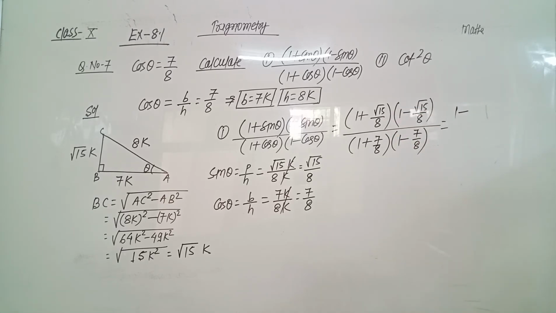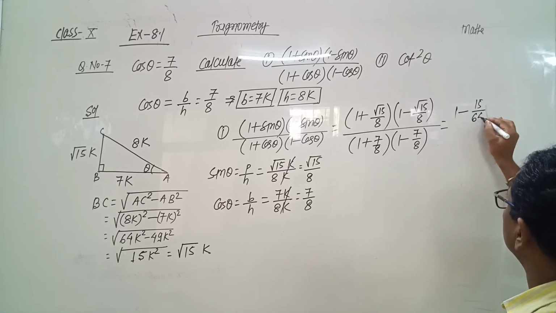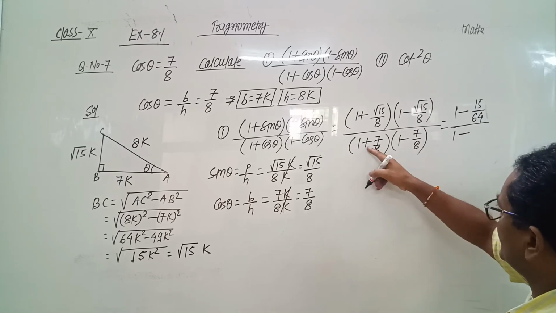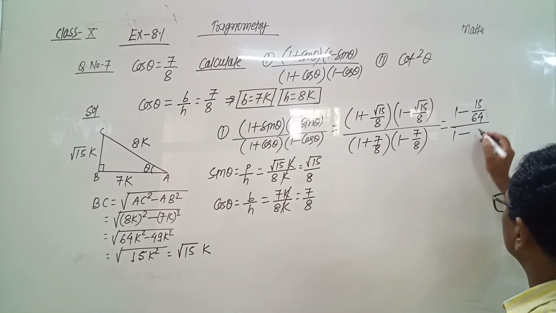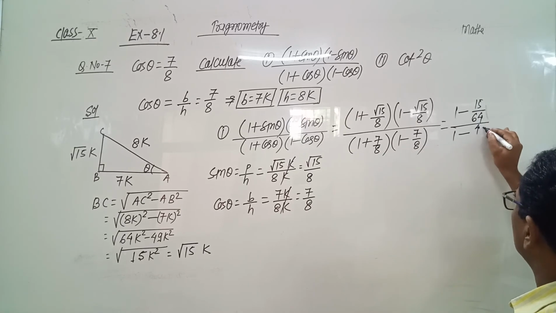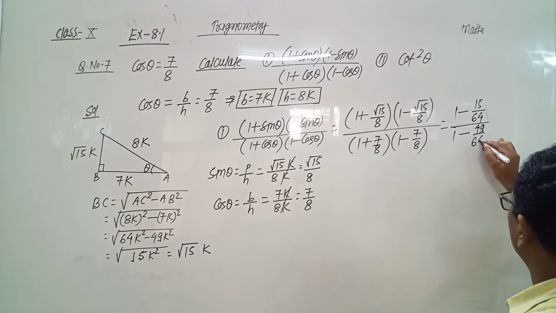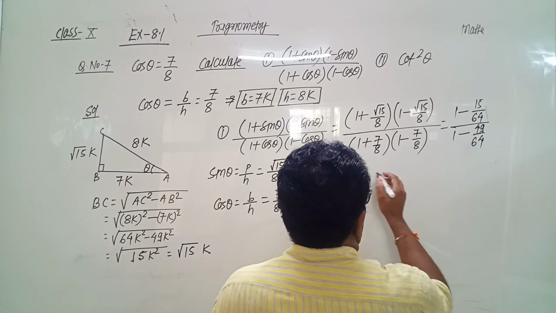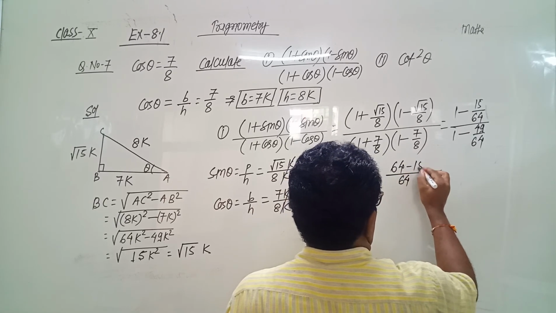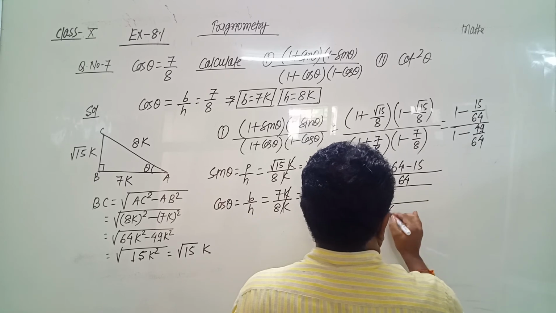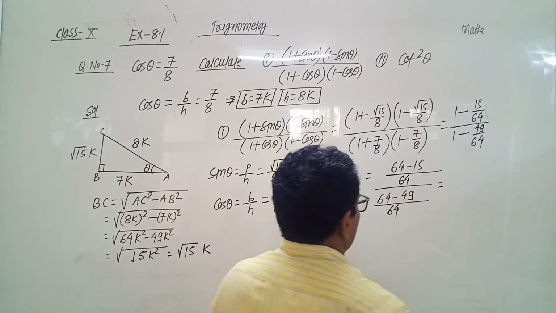So a square of root 15 by 8 is 15 upon 64. Similarly b square means 7 by 8 the whole square, 7 square is 49, 8 square is 64. So 1 minus 49 by 64. Then we take the LCM, 64. We get 64 minus 15 upon 64, and from here again the LCM is 64, and 64 minus 49.